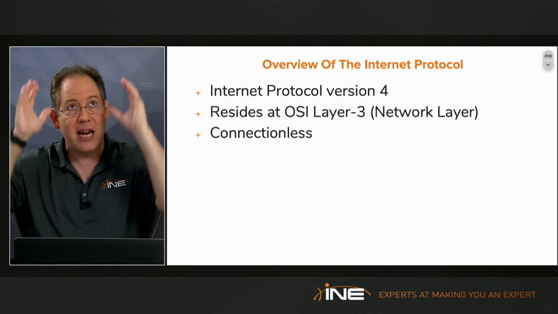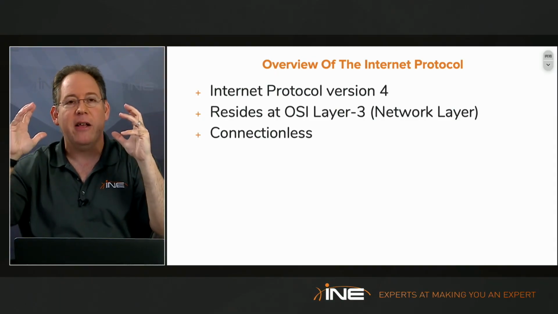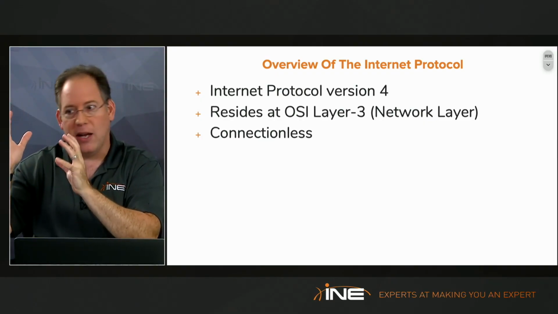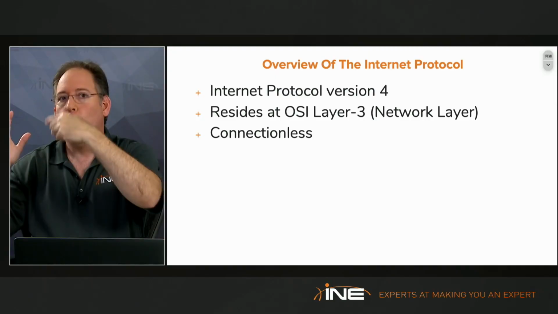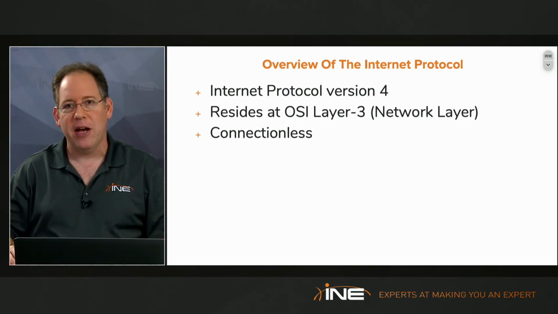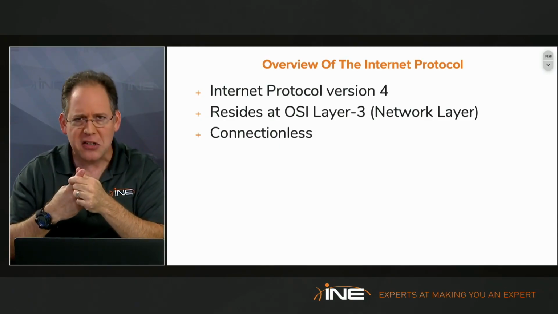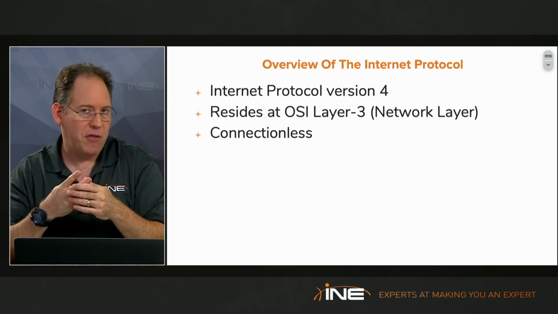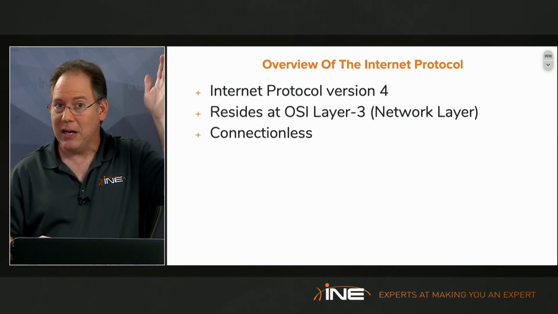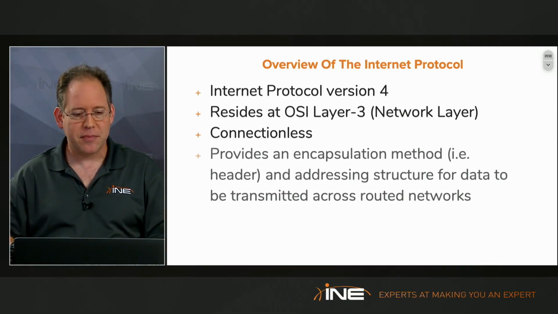All IP says is, hey application, give me your data, and I'll put a header on the front of it that has a bunch of information like where this data is coming from, where it's going to, maybe a few other things, and then I'll just send it out on the network. IP says, I'm not going to make any guarantees that the destination exists or that it got there. If you want that type of information, you'll have to get it elsewhere, from TCP or something else. So IP itself is connectionless.